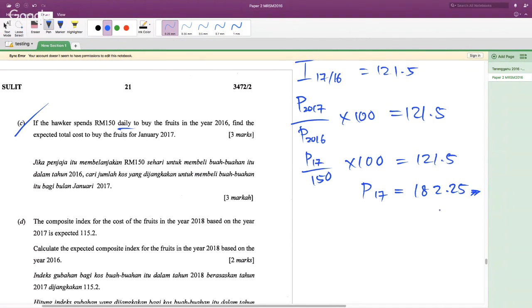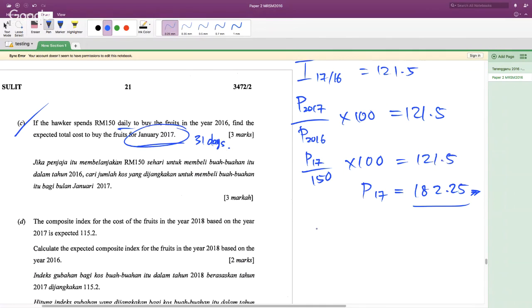This is the money I should spend in 2016. And then they want the January only, right? January, multiply 30. Yeah, they want the January only. So January should be multiply 31, because there are 31 days in January.